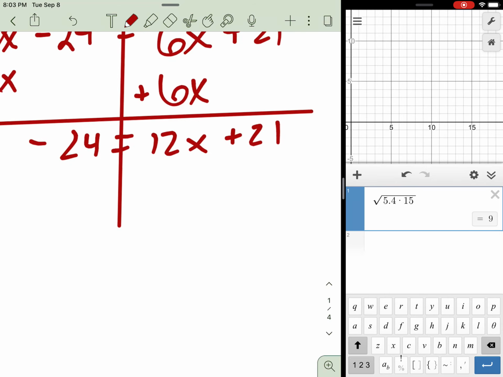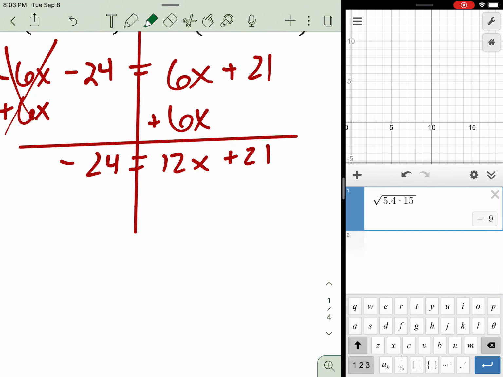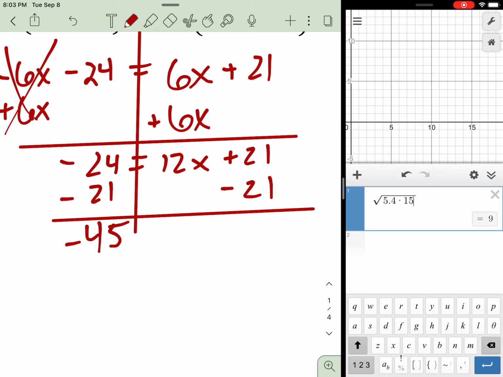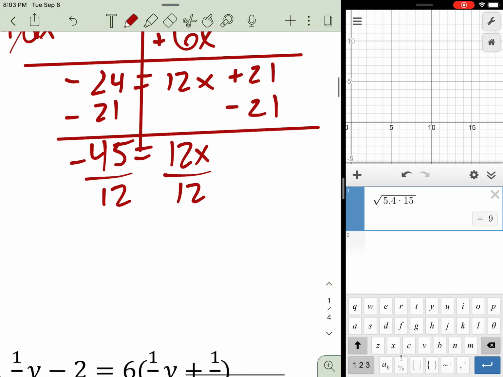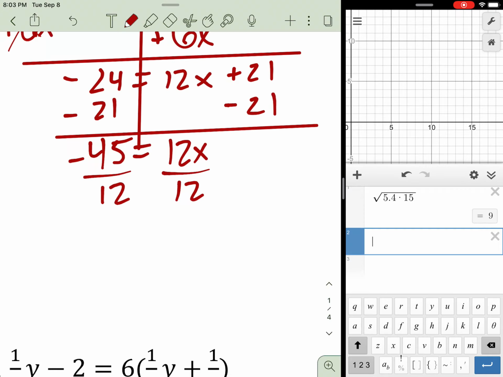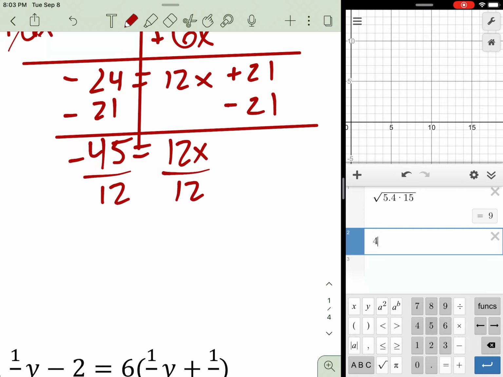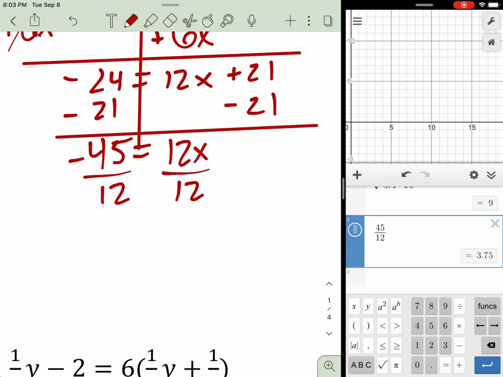These ones are still there. Since this constant's by itself on the left, let's get the other constant over there with him. So minus 21 from both sides. That gives you negative 45 equals 12x. And when you divide by 12, okay, 45 divided by 12, 3.75.